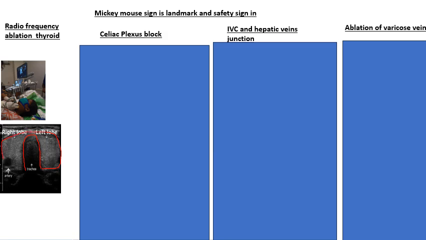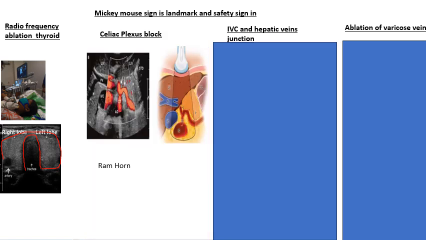Is it a celiac plexus block? This image is not mine, I've taken it from the net. Let's have a look at the answer. Celiac plexus block is also done under ultrasound guidance. You will get the ram horn appearance of the celiac plexus. So this is not the answer.